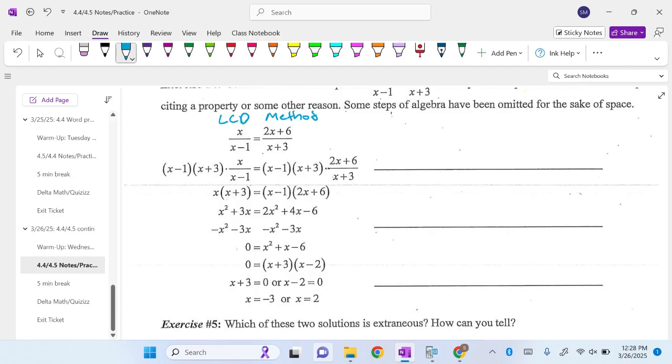So they determined, based off of what we started with, that our LCD was x minus 1 times x plus 3. So they were multiplying x minus 1 times x plus 3 over 1 to both sides of the equation to get rid of the fractions. And that's the multiplication property.